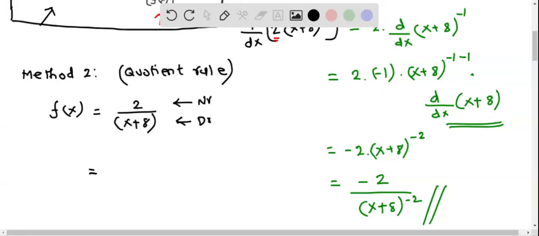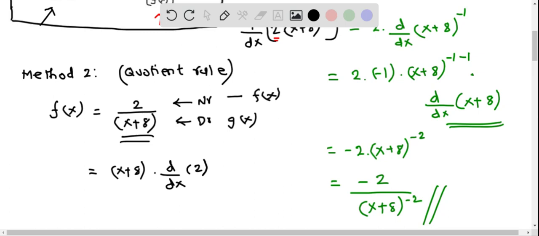So which means first I take this denominator as our g of x, and this is our f of x. Okay, so let's apply the quotient rule. When you do that, I first take the denominator part, multiply it with the derivative of the numerator function.